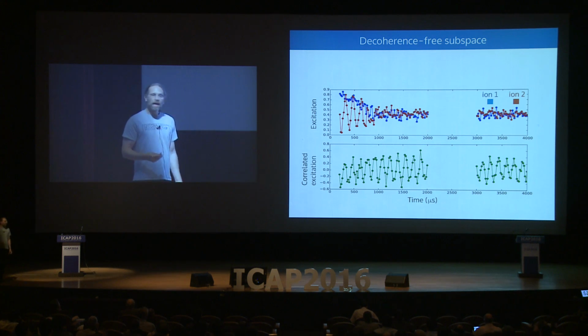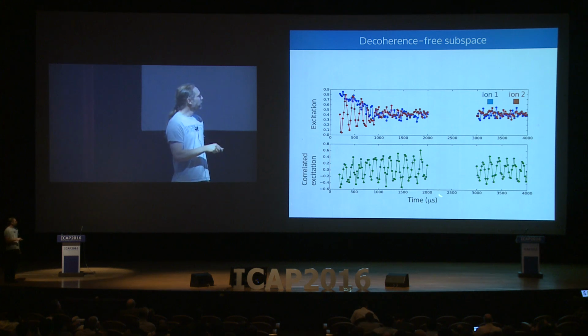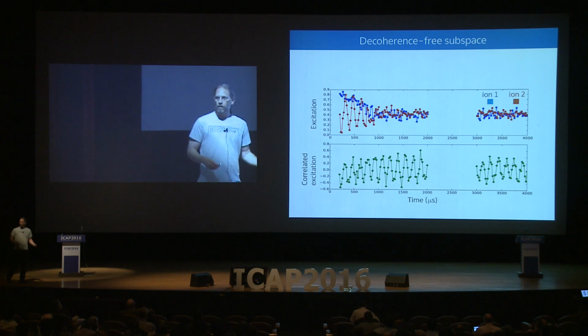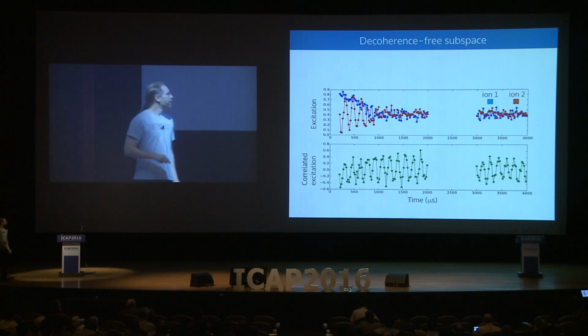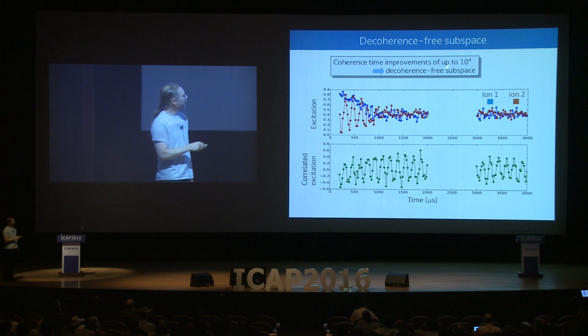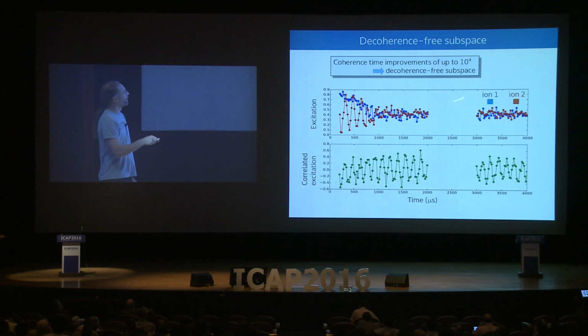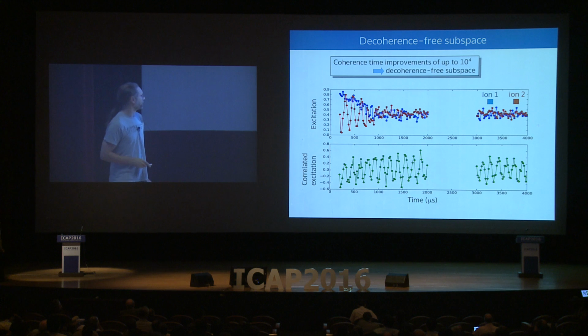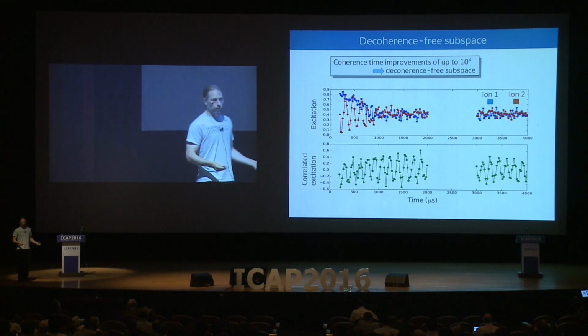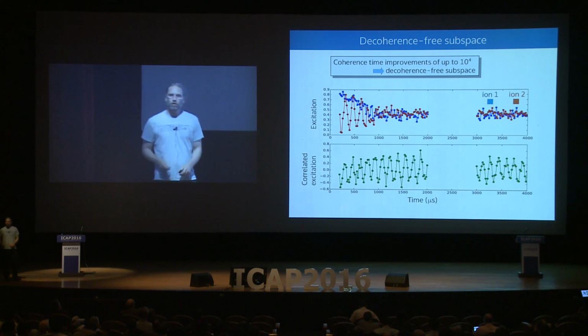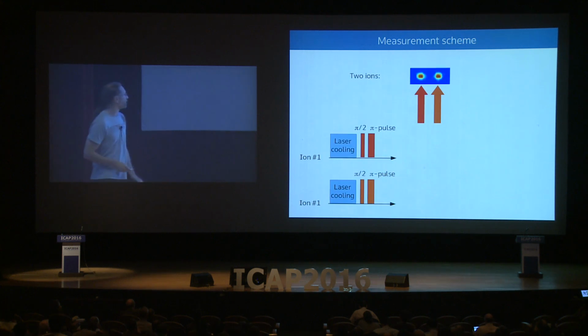However, if I look at the correlation of the excitation, I can see fringes continuing, and in fact they go out to 100 to 500 milliseconds. In other experiments carried out in Innsbruck, we have shown that these oscillations can extend up to 30 seconds if you go to the ground state. So this is the idea of a decoherence-free subspace. That is good because it allows us to use much longer Ramsey times and therefore gain sensitivity.